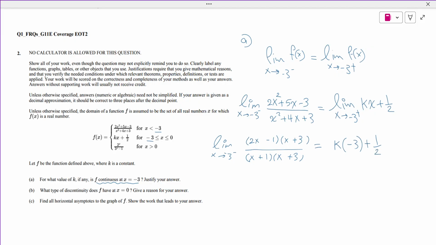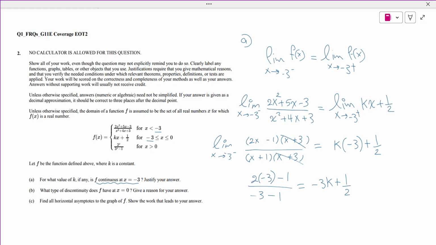So this one is going to cancel with this one, and plug in the minus 3, you get 2 times minus 3 minus 1 over minus 3 plus 1 equals minus 3k plus 1 over 2.